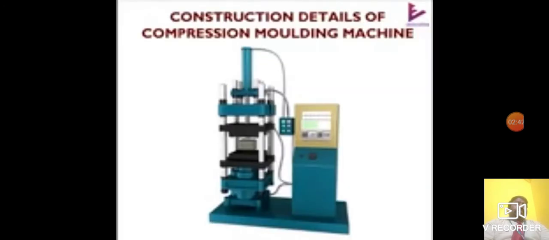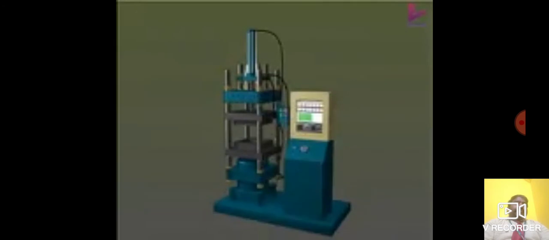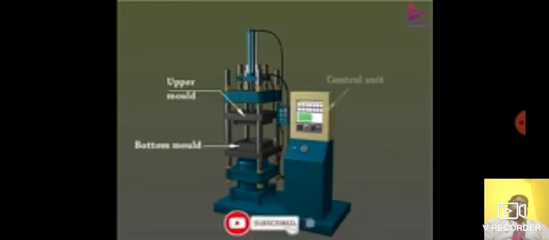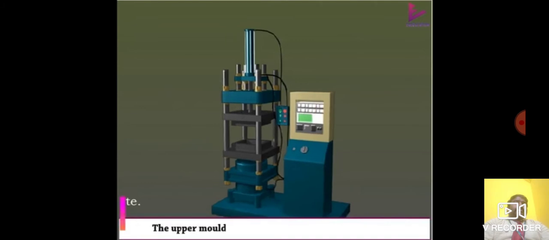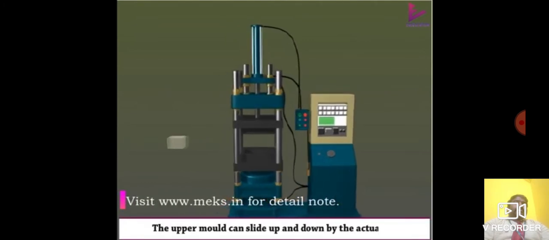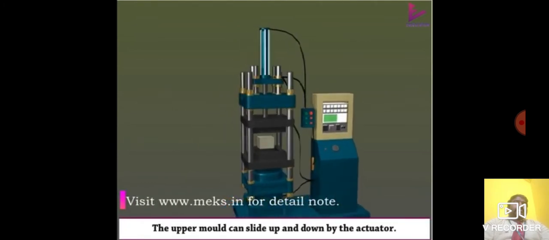Construction details of compression molding machine. A typical compression molding machine has the following parts: upper mold, bottom mold, control unit, actuator. The upper mold can slide up and down by the actuator.